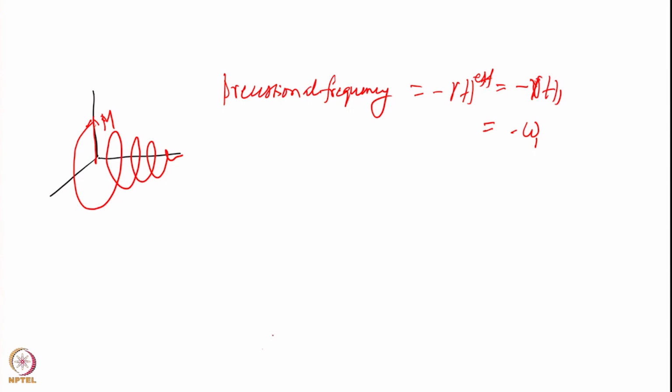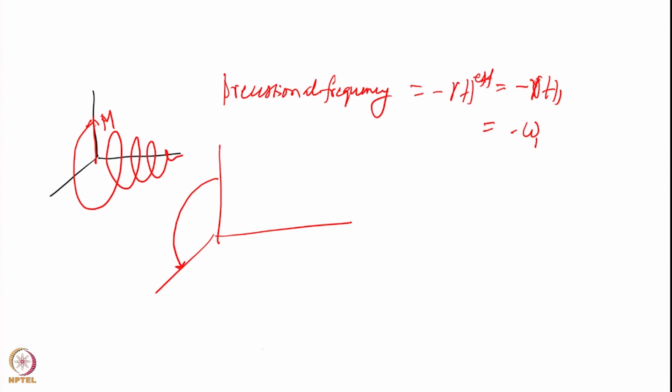So now since I apply this RF only for a short period tau, what will happen? It will cover only a small range. So therefore the magnetization will rotate, let us say from here, and we stop. Suppose when it comes here, RF is taken out.